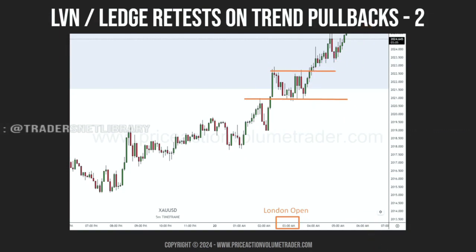Okay, so we can see how through the context of the ledge and this valley area, we look for the edges, or the low volume node support resistance areas, in this case to get a retest. We have a context of a significant time of day, such as the London Open. And then we had the continuation off of the bottom ledge of this valley area that we have right here.